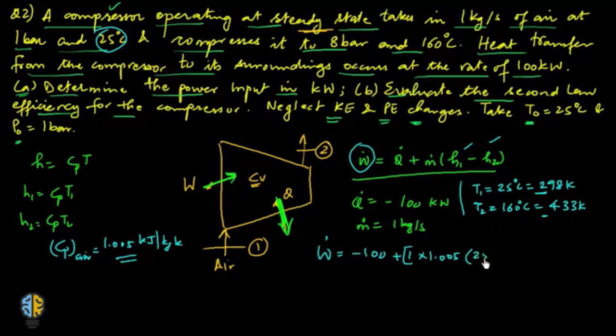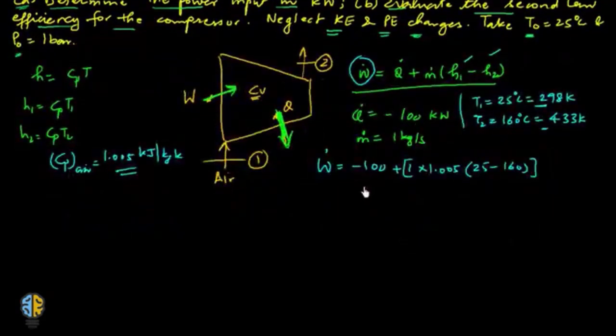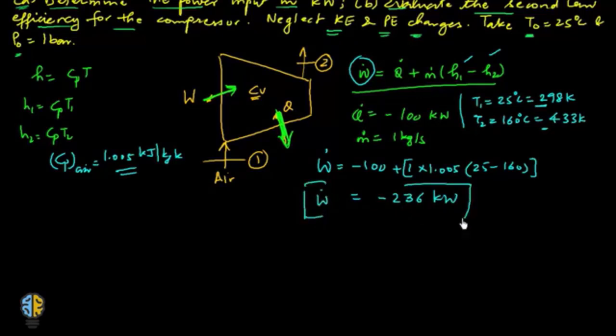T1 is 25 and T2 is 160. When you calculate this on your scientific calculator, it is a negative value, around 236 kilowatts. This is what you should be getting after calculating.